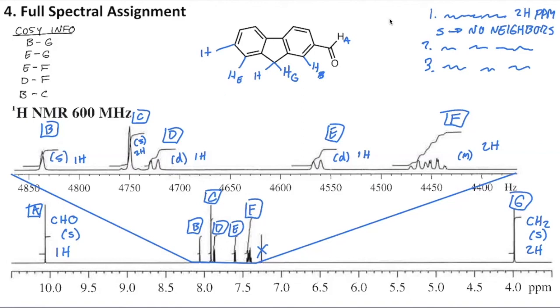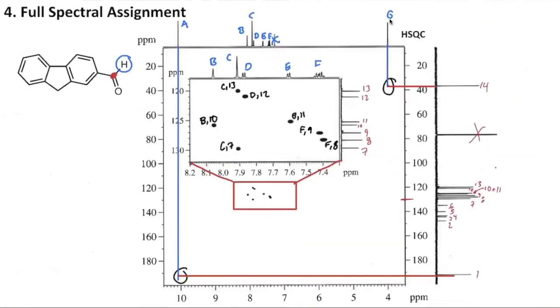So looking at the COSY, we know that proton E is split by proton G. That's what we just figured out, but it is also split by proton F. So this must be proton F. But you're kind of asking yourself, maybe, when we're looking at the signal for F over here, it's a 2 hydrogen signal, not a 1 hydrogen signal. So what's going on there? Also, thinking back to our HSQC data, we saw that proton F seems to correlate both to carbon 8 and carbon 9. So something a little bit strange is going on there.